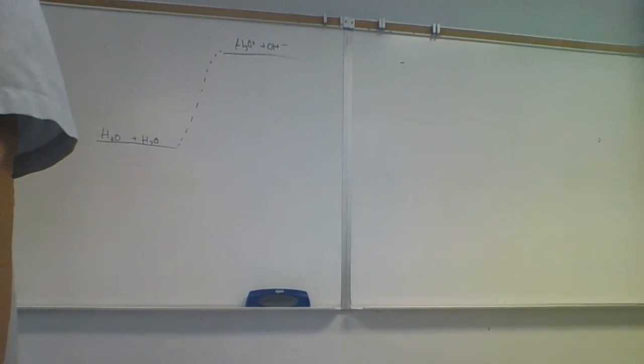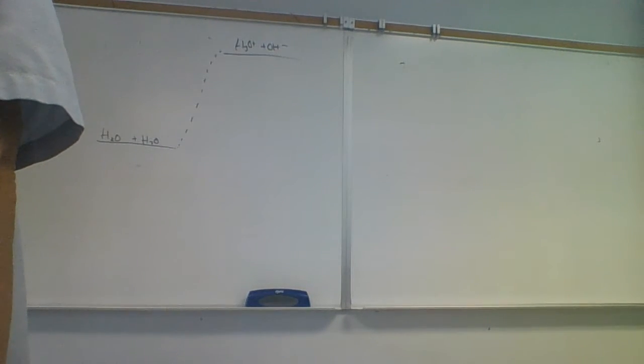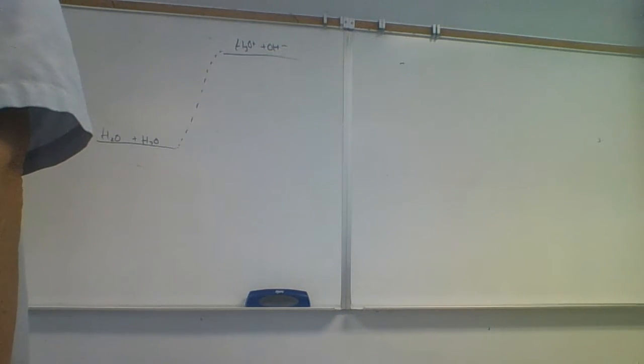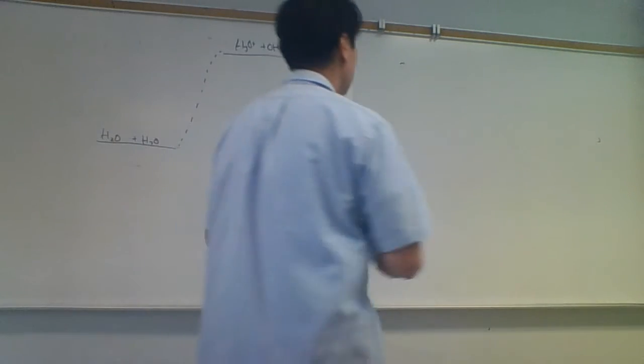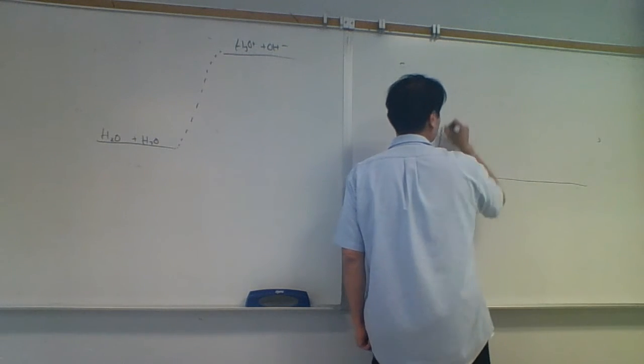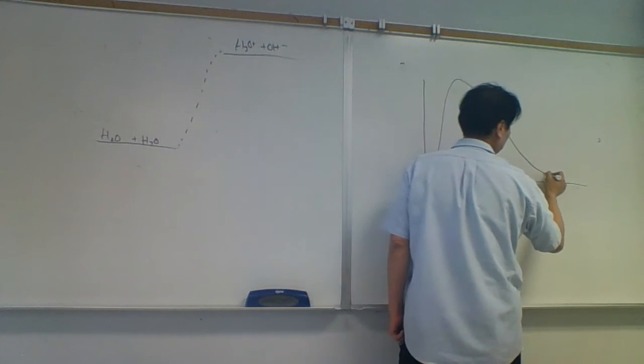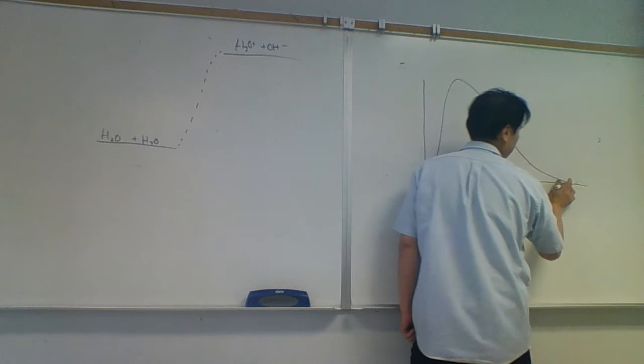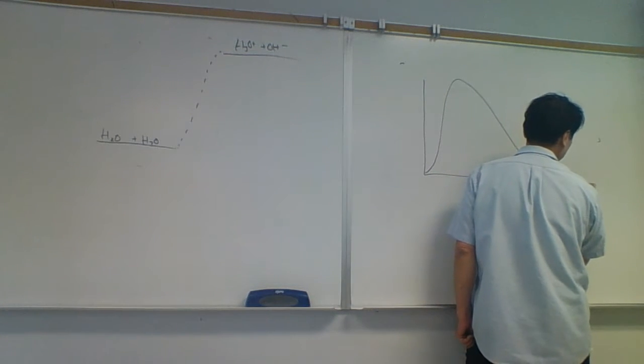And be done with it. However, in this case, it's important to know that tiny fraction that does react. The tiny fraction that does react comes from a curve like this. There's a little tail at the end of this curve.